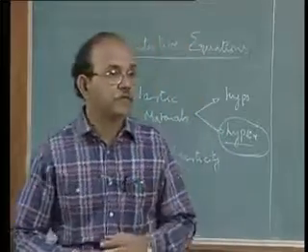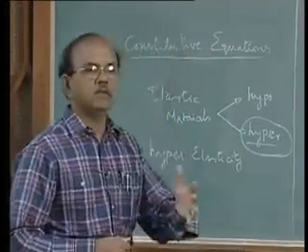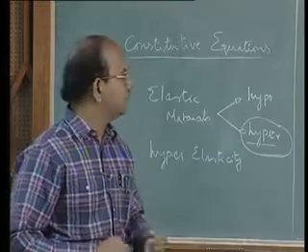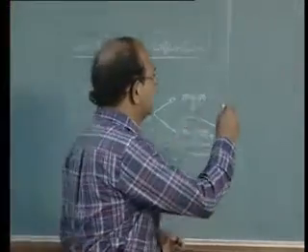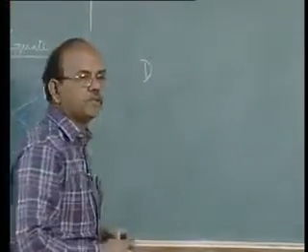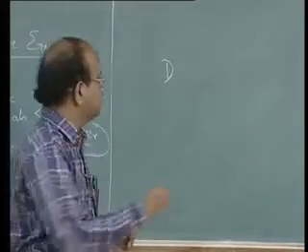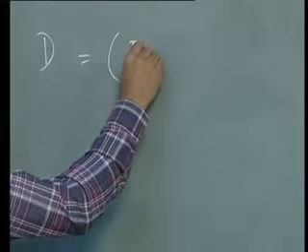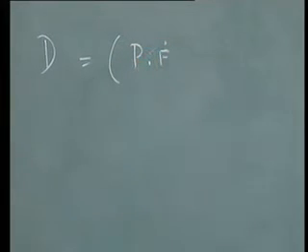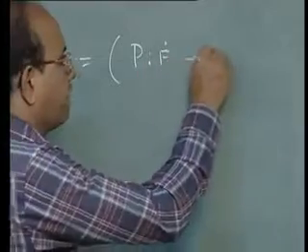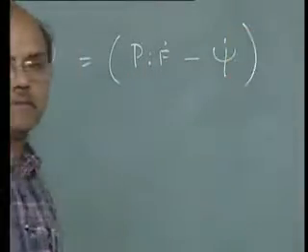Or in other words, if you go back to our thermodynamic class, you would find that we had written the dissipation to be consisting of two terms. One is P colon F dot, where of course you know that P is the first Piola-Kirchhoff stress, and F dot, minus psi dot.